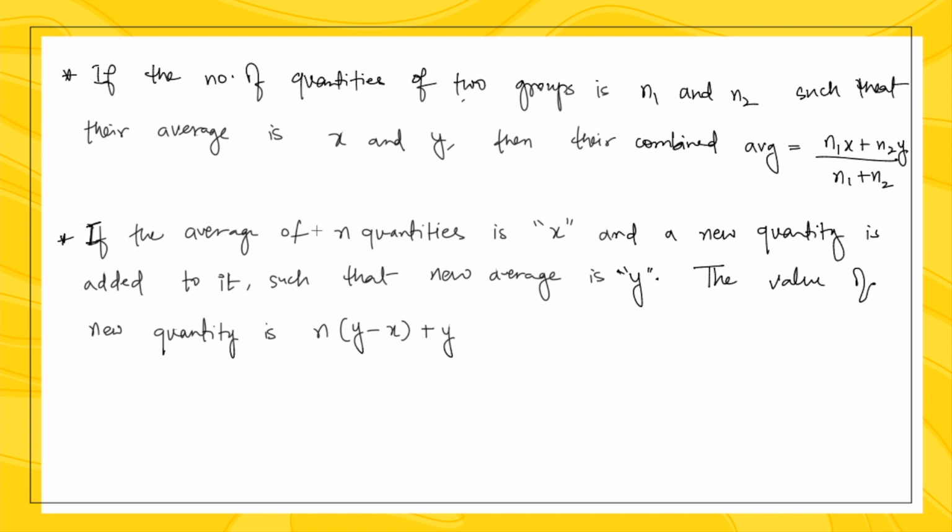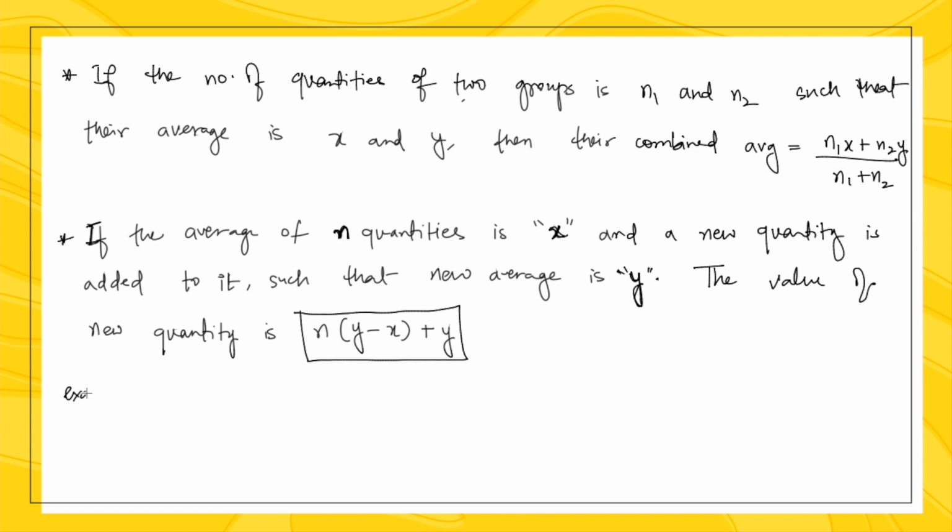It says that if the average of n quantities is x and a new quantity is added to it, such that the new average becomes y, then the value of the new quantity will be given as n(y minus x) plus y.